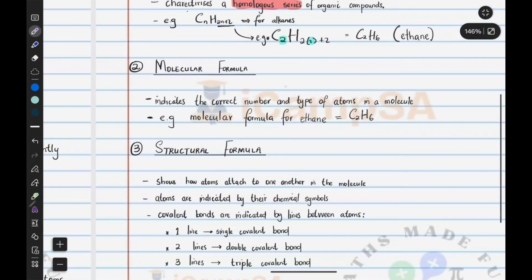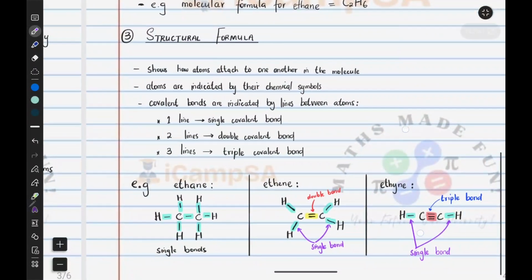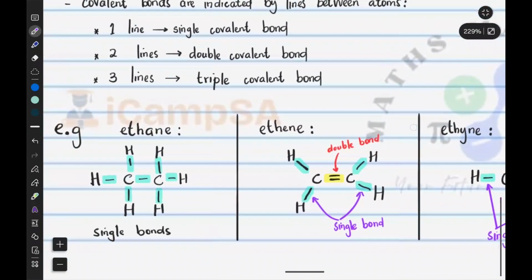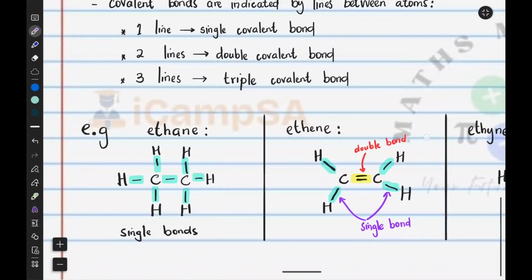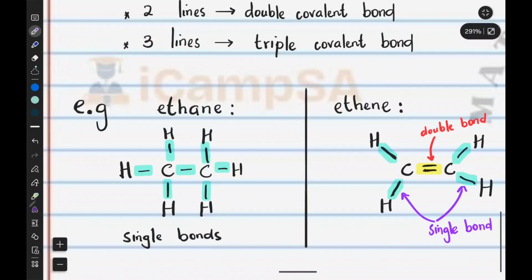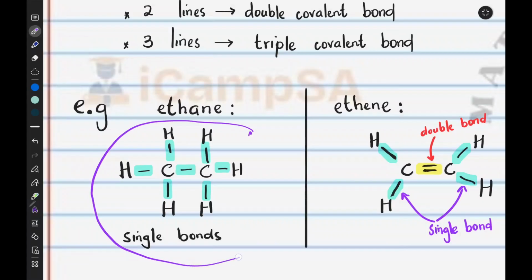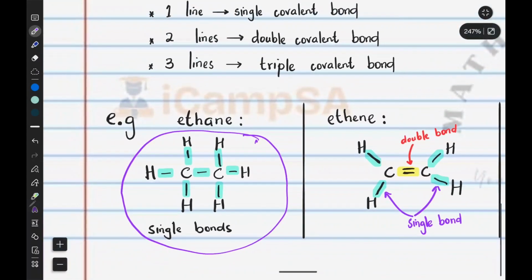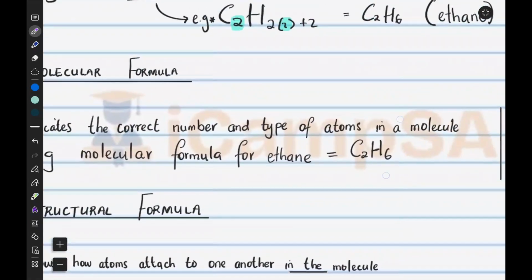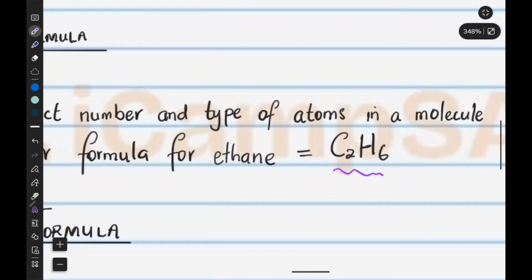The difference is that we won't have this whole structure. What we will have is something that looks like a molecular formula. But in a molecular formula, you do not show bonds, for instance, or any branches that exist in the carbon chain. Once you have a condensed structural formula, you can show all of those things.